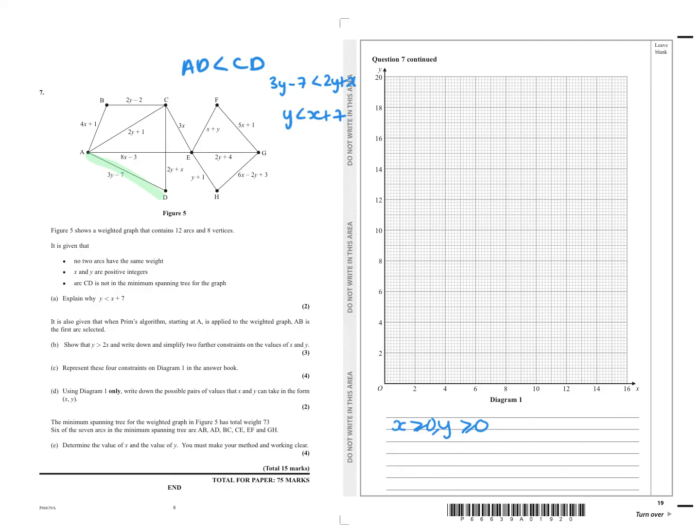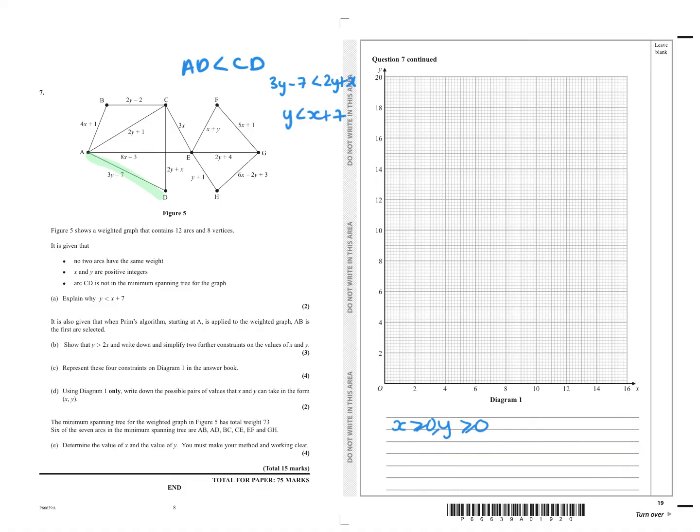In the mark scheme it says something along the lines of: if CD is not in the tree, then AD must be, as these are the only two arcs incident to D, or the weight of CD is greater than the weight of AD. You can write one or the other, and you get 1 mark for an explanation.